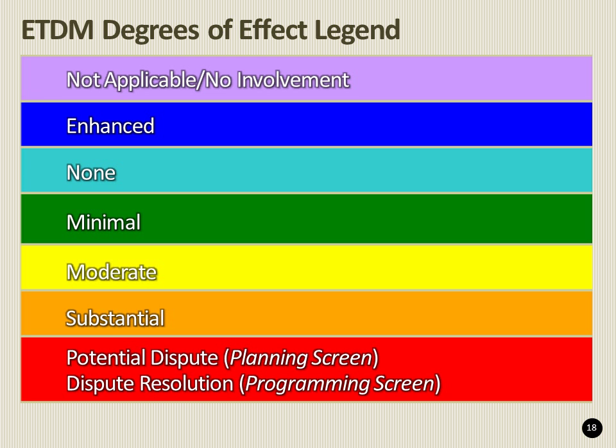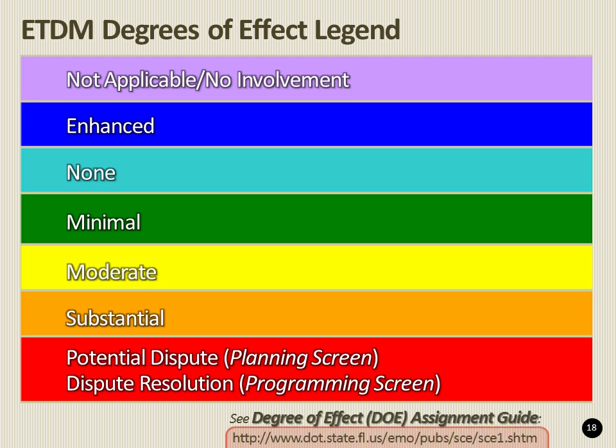This slide shows the degree of effect categories and associated color coding. The effects categories range from not applicable, no involvement, to potential dispute, applicable to planning screen projects, or dispute resolution, applicable to programming screen projects. The Degree of Effect Assignment Guide on the department's SCE webpage provides direction on selecting the appropriate degree of effect.